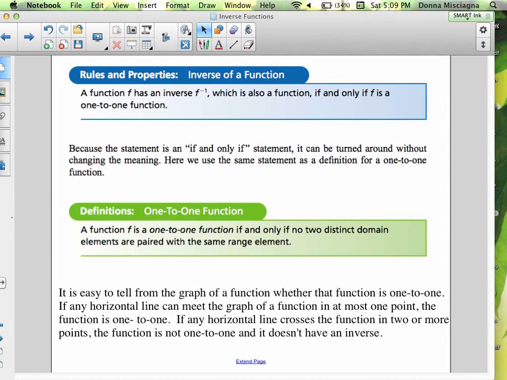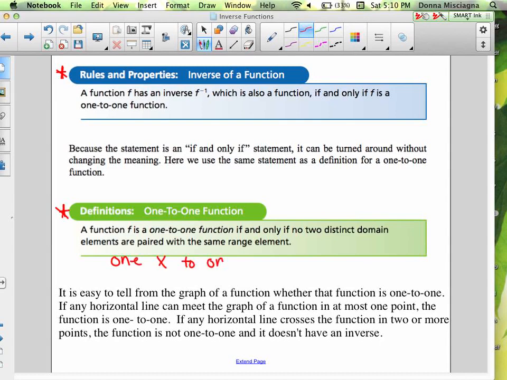So let's put a little star next to this, and we'll put a star next to this one too, because they're both very important. So a function f is a one-to-one function if and only if no two distinct domain elements are paired with the same range element. Let's write down underneath that, we'll kind of clarify that. 1x to 1y, right?